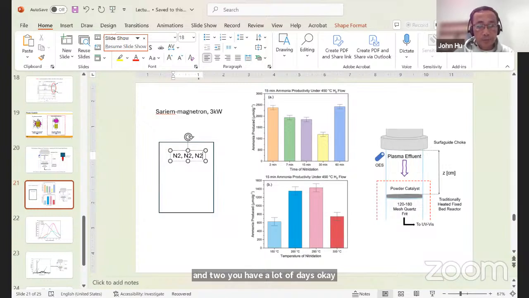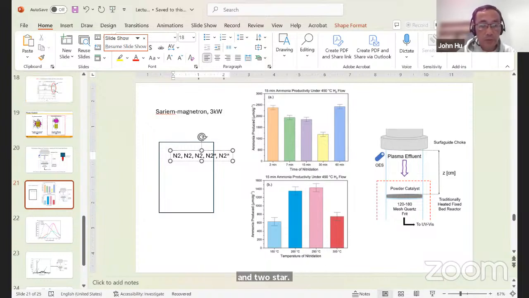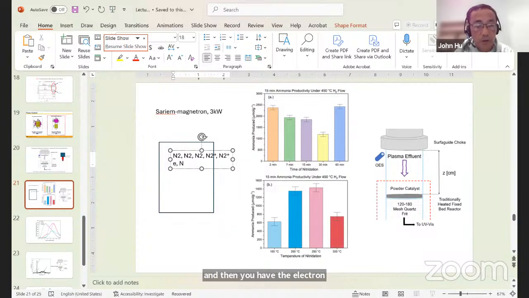Now, when you have N2 star, which is an active species, and then you have electrons, N, and all kinds of species.